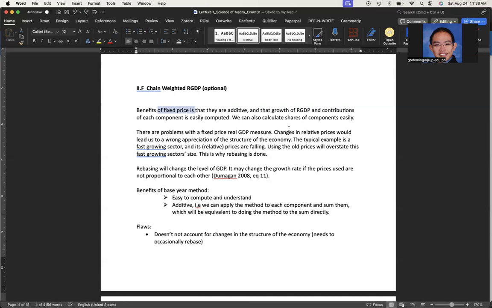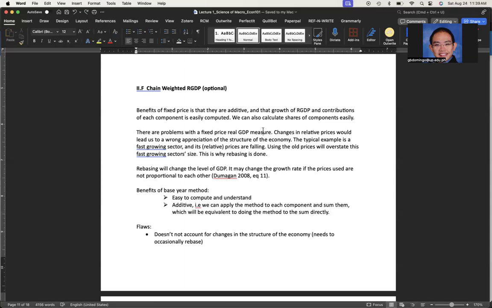The problem, however, is that, as I've mentioned before, under a fixed price real GDP measure, changes in relative prices will lead you to a wrong appreciation of the structure of the economy. So old prices are being used to value current output. That means you're not capturing the relative importance of different industries over time.